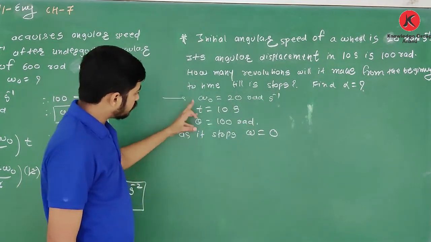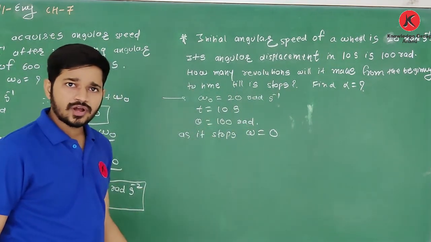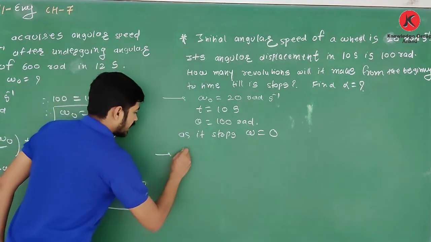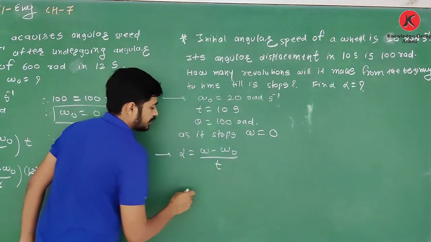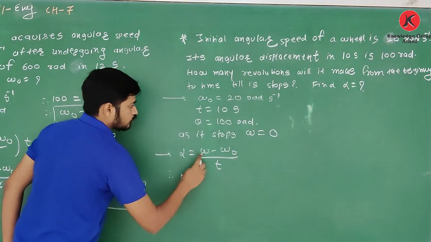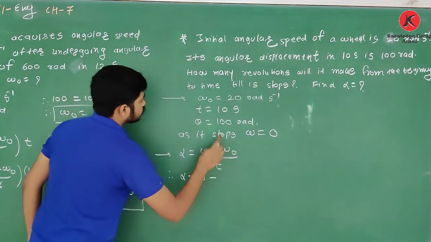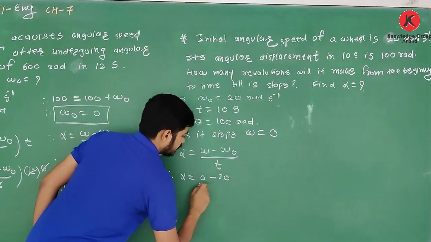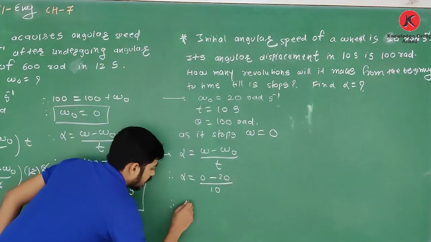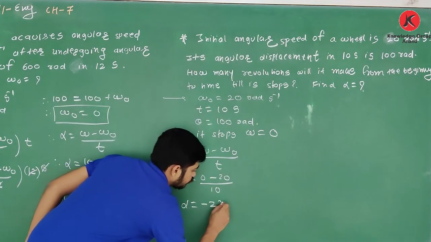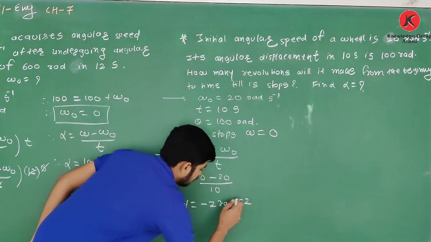First of all, from this data we can easily find alpha. Alpha is equal to (omega minus omega 0) upon t. So alpha is equal to (0 minus 20) radian divided by t, here it is 10. So alpha is equal to minus 2 radian per second square.